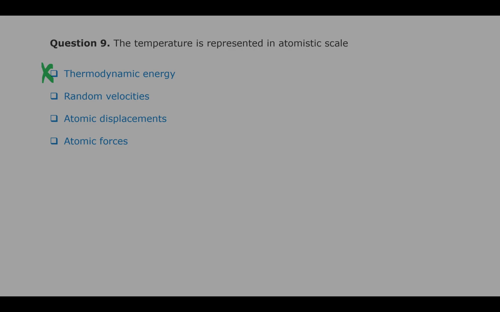It will be applicable in molecular scale. Then atomic displacement, also not possible. And atomic forces, it is also not possible. Temperature won't represent these things. Only the random velocities it will represent.